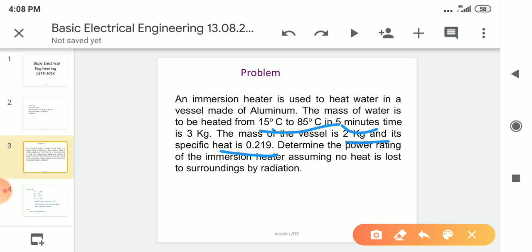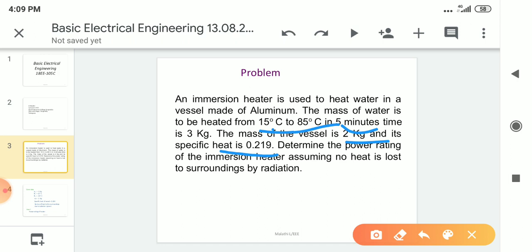Read the question one more time, then you will get an idea what data is given and what you have to find out. An immersion heater is used to heat water in a vessel made of aluminium. The water is to be heated from 15 degrees centigrade to 85 degrees centigrade in 5 minutes, and its mass is 3 kg.